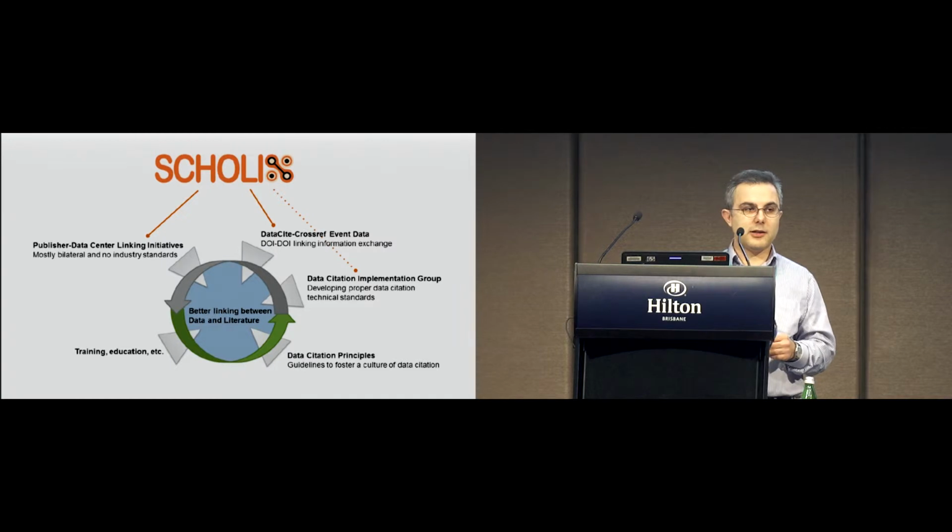Scholix comes from the necessity in the sector for finding out what is connected to data sets and publications. We found that a number of our partners in repositories, universities, and publishers all have some information, and they are sharing it through bilateral agreements between themselves.